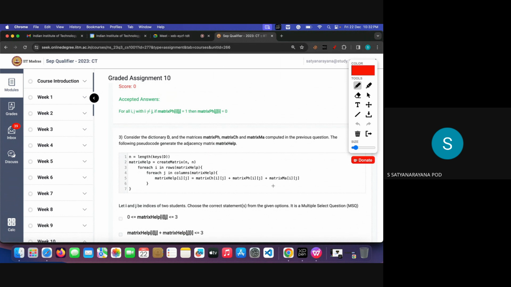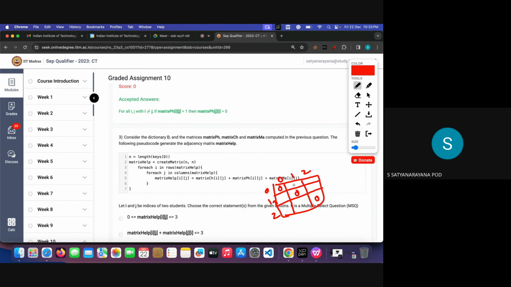What happens is that some particular cells get a value of 3, some cells get 1, some cells get 2. For example, consider indices 0, 1, 2. 0 to 0 is not there, 1 to 1 is not there, 2 to 2 is not there, no worries.